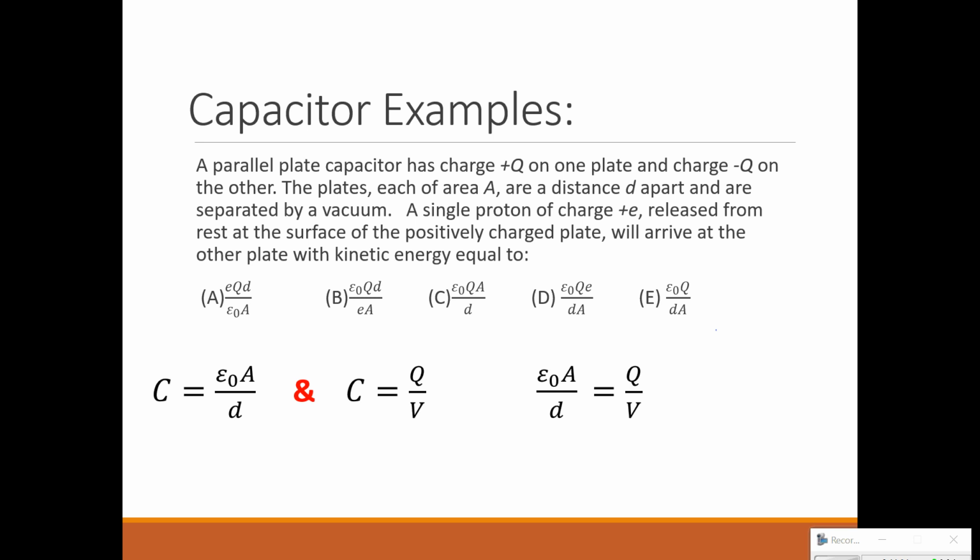Ultimately, my goal here is to get the value of voltage, because voltage is a stand-in for energy, since it's just energy divided by charge. So I'm going to rearrange the one on the right and solve for voltage, because voltage is equal to charge times D divided by permittivity of free space times the area of the plates. This gives me the voltage on my plate.